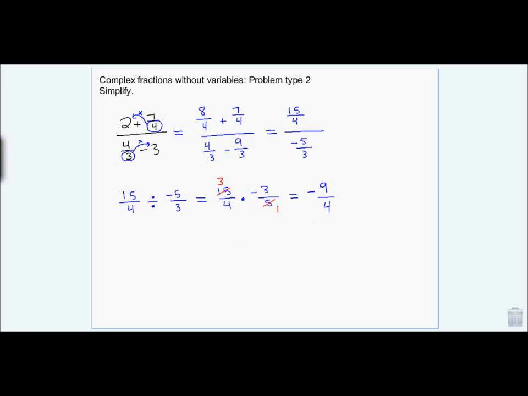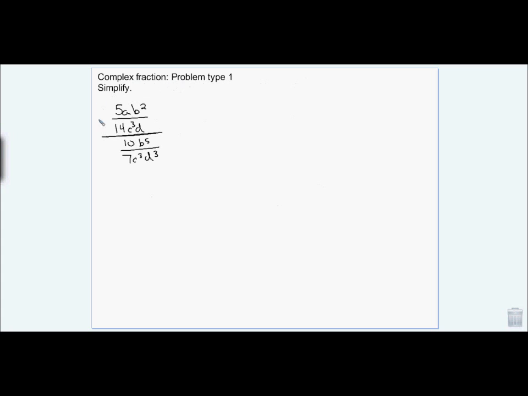The next type of complex fraction involves a lot of variables. First, before I do anything, I'm going to look at each fraction inside the complex fraction and see if there's any reducing I can do already, and there's not.